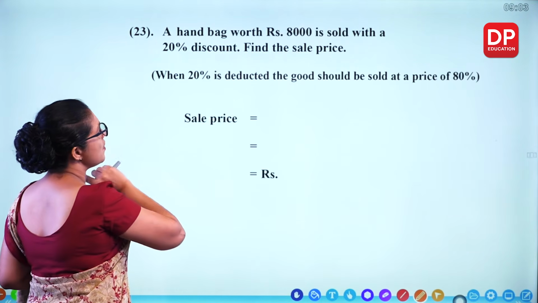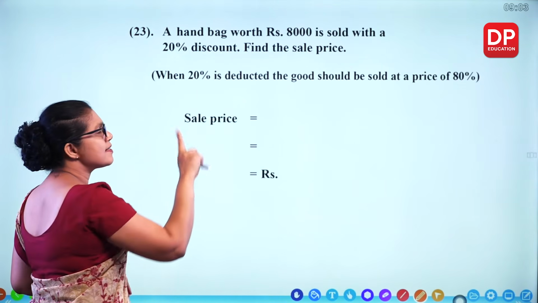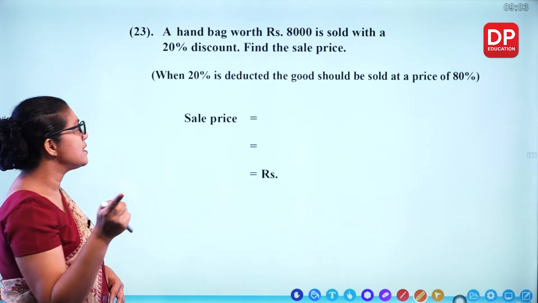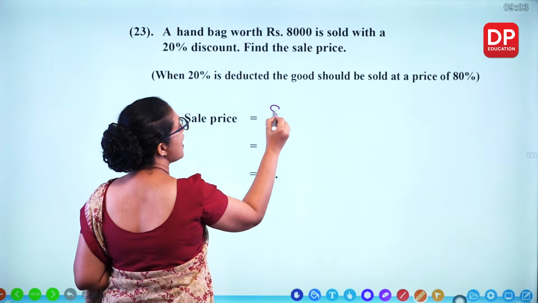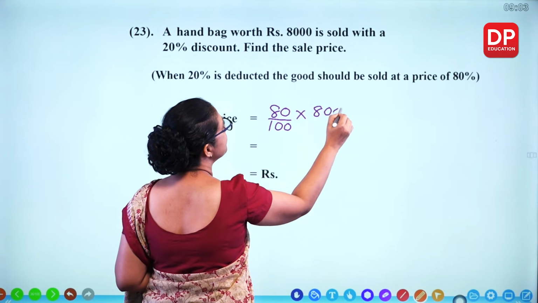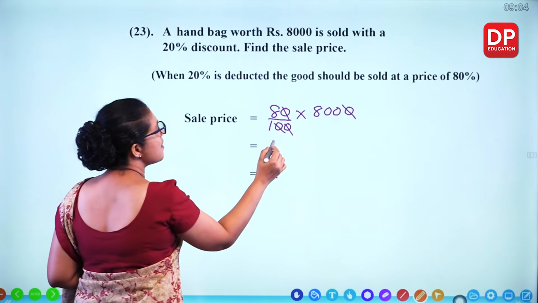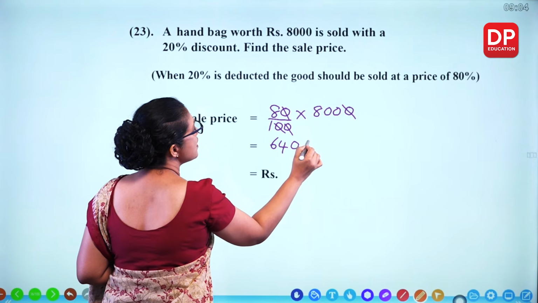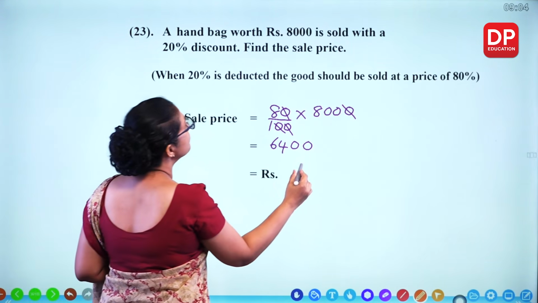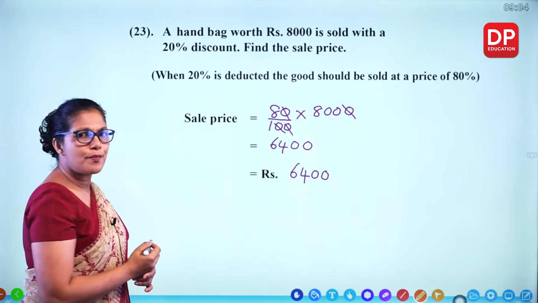If you are doing this at once, 20% discount means what's the selling price? 80%. So 100 minus 20, 80%. So we calculate 80% of 8,000. So you get 8 times 8, 64,000. So what's the selling price? 6,400 rupees.